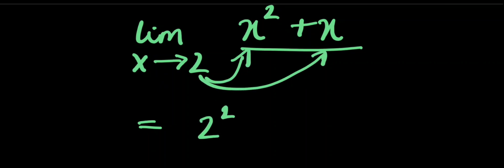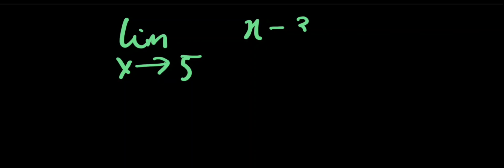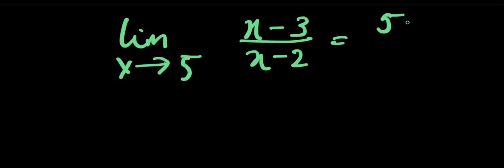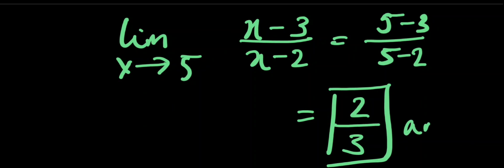So this would just be 2 squared plus 2, which equals 4 plus 2, which equals 6. I'll give another example. The limit as x approaches 5 of x minus 3 over x minus 2 equals what? We can sub in the values: 5 minus 3 over 5 minus 2, which is just 2 over 3. And that's the answer.